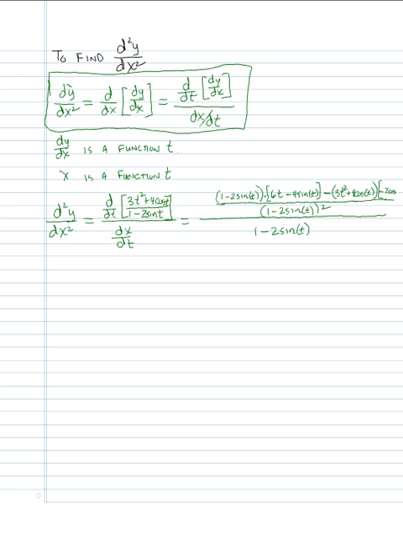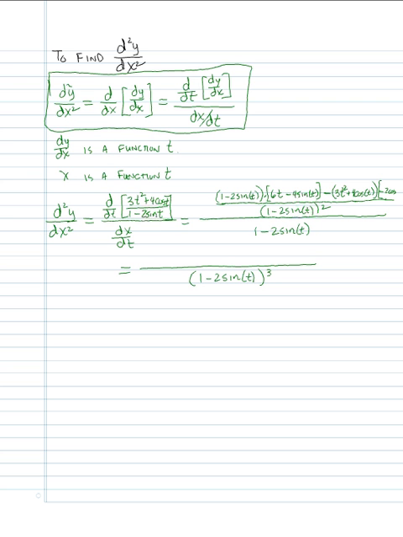Oh my goodness. Let me see if I can write that a little more neatly over here. Put my equal sign here. Now notice that if we multiply by the reciprocal of the denominator of the big fraction, we're going to end up with 1 minus 2 sine of t to the third power in our denominator.